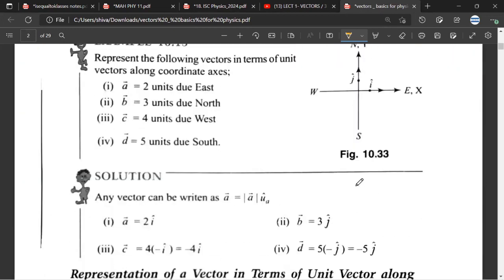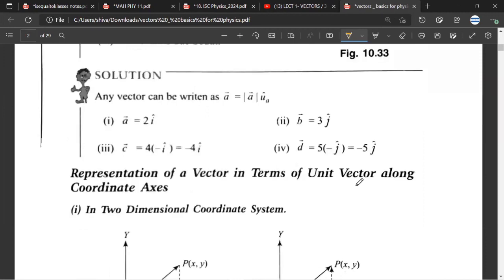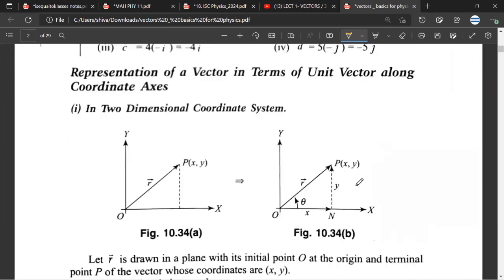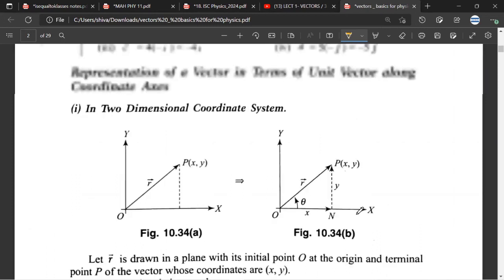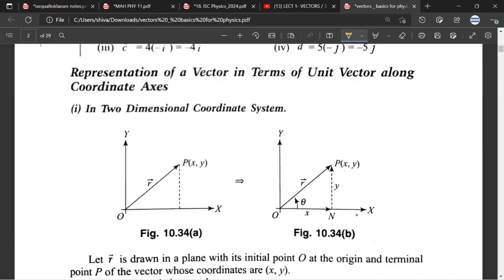You can read this at leisure, but let us try to understand few other very basic things. The first basic thing that we need to understand is representation of a vector in terms of unit vector along the coordinate axis. So the easy way in which you can understand this is, again, if we take our vector in xy plane, this is the xy plane that you have been doing from class 8th, 9th, 10th.